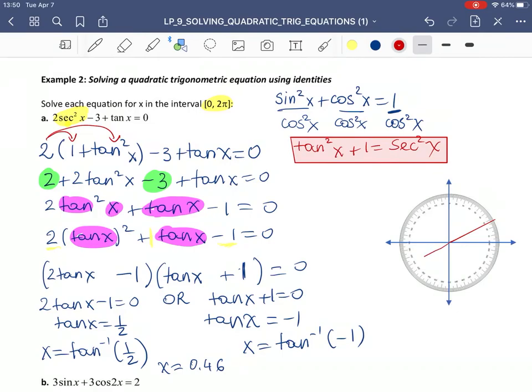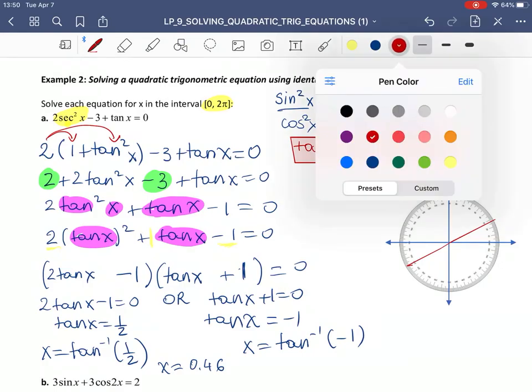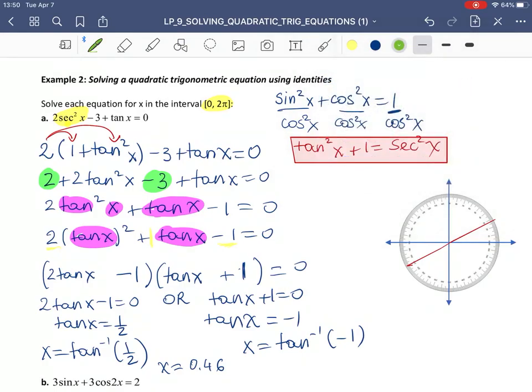And since we're using tan, the second angle will be found by extending this line towards the opposite quadrant. And I'm going to show my angles right here. Let's go green. So this is one, and this is another one.